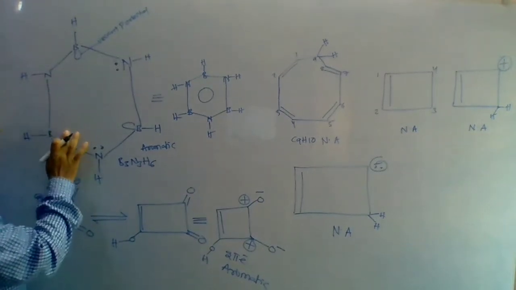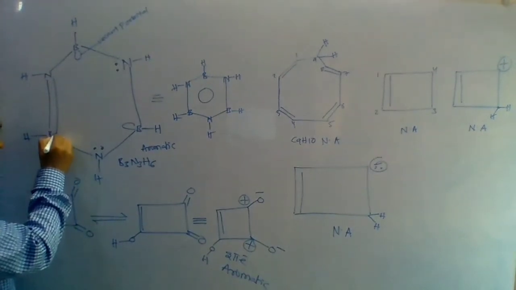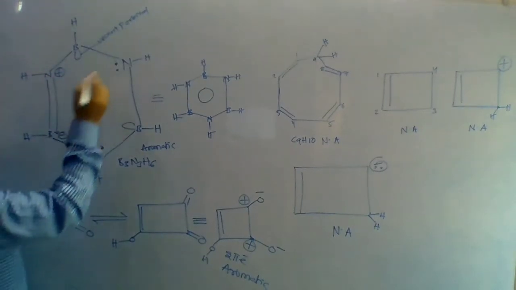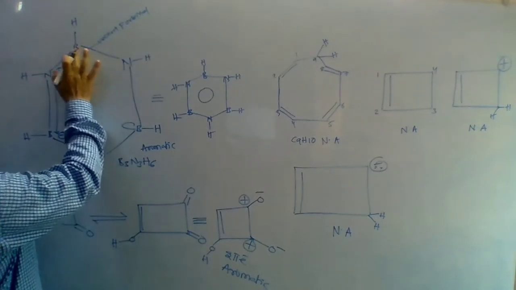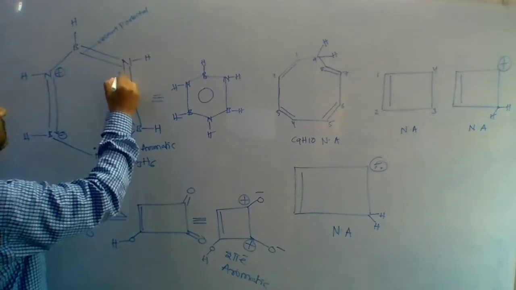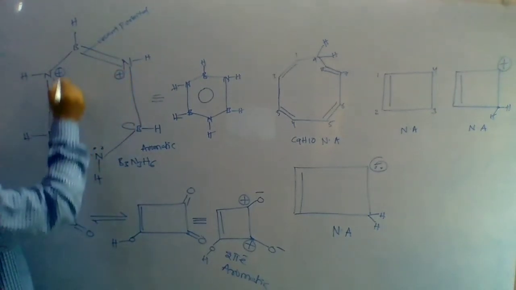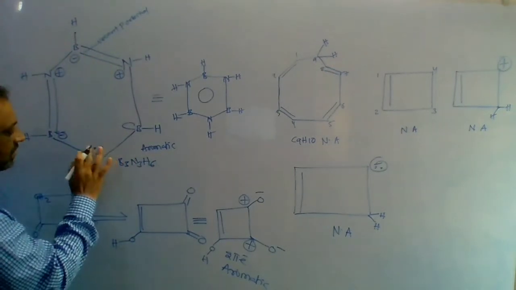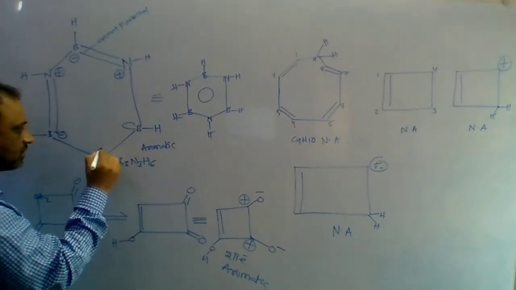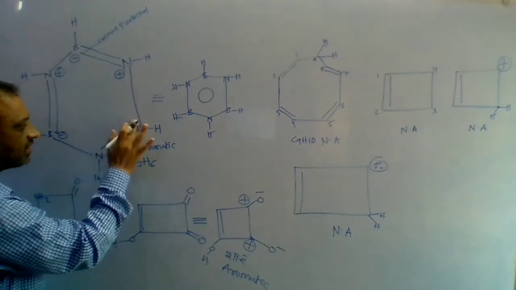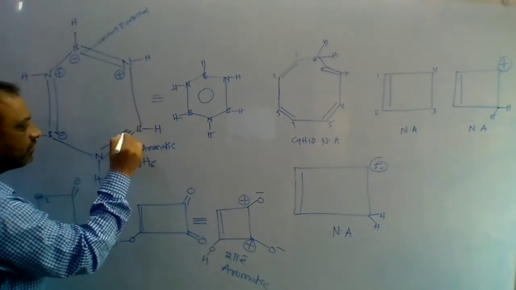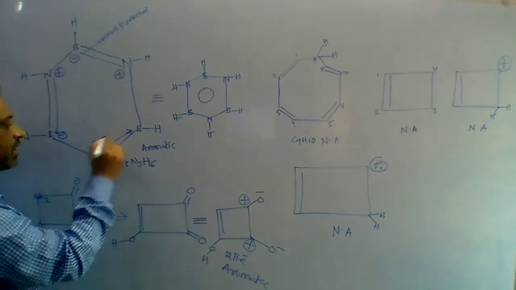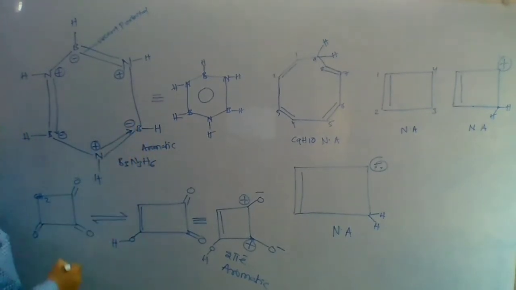Here nitrogen is the donor, boron is the acceptor. Nitrogen acquires positive charge, boron acquires negative charge.